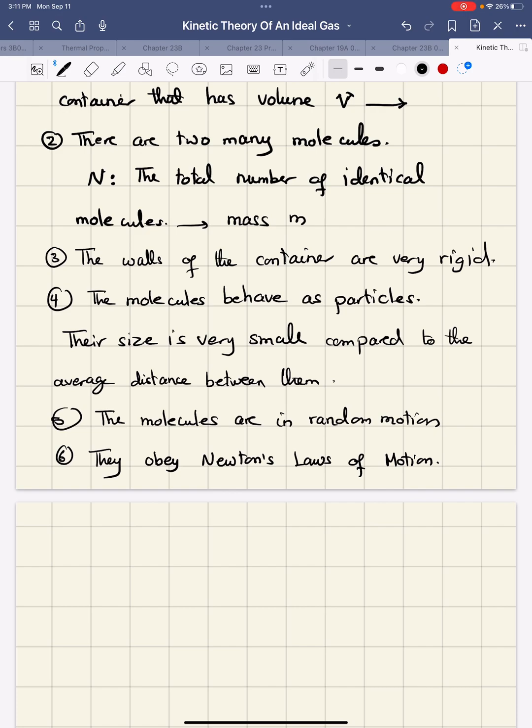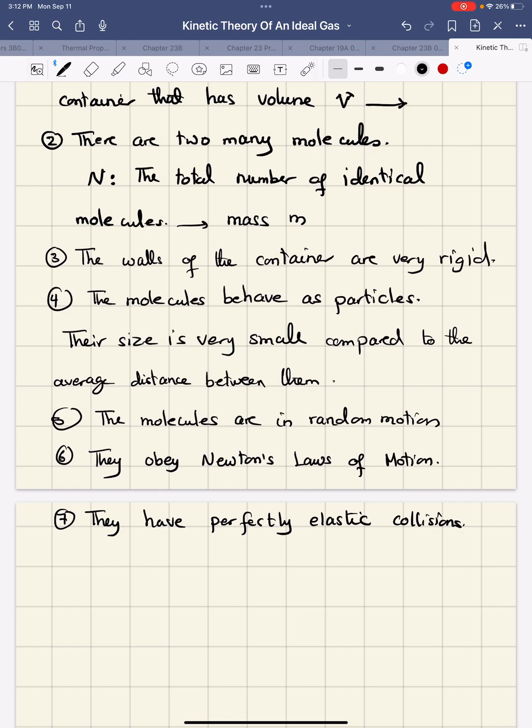Now also, I will say they have perfectly elastic collisions, which means energy is conserved.